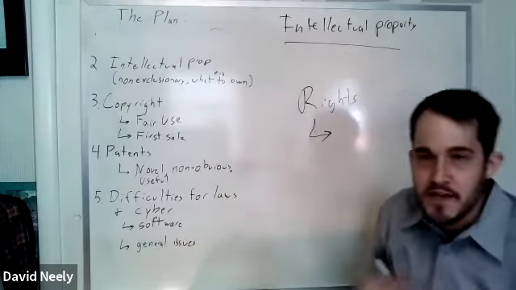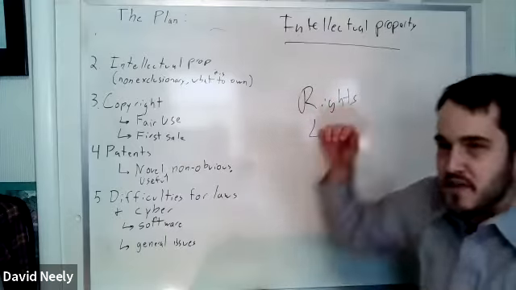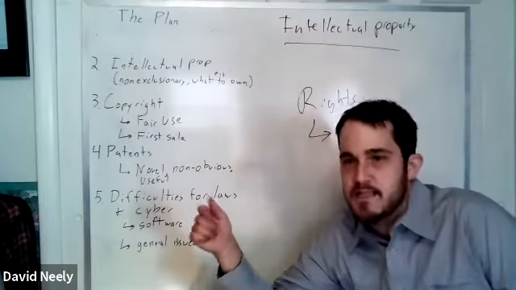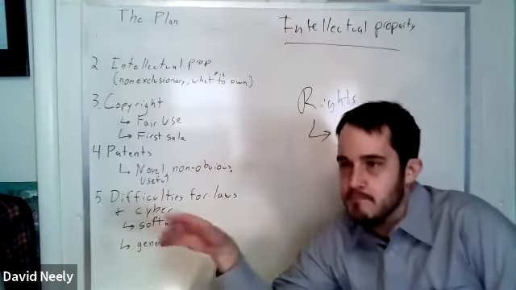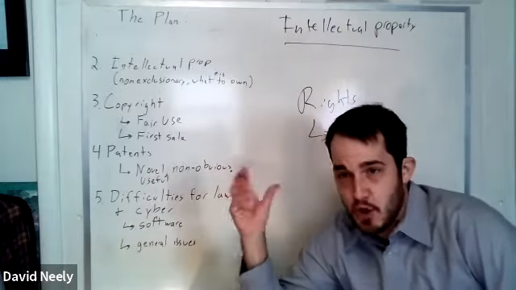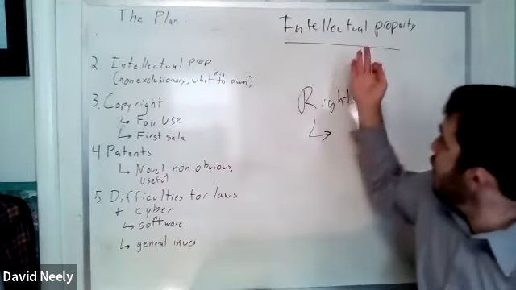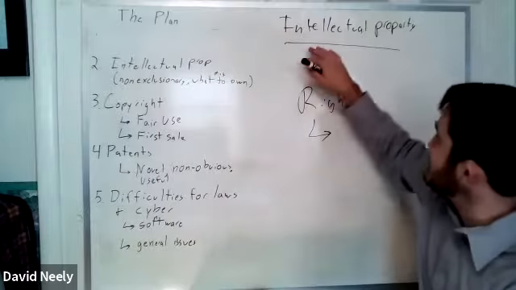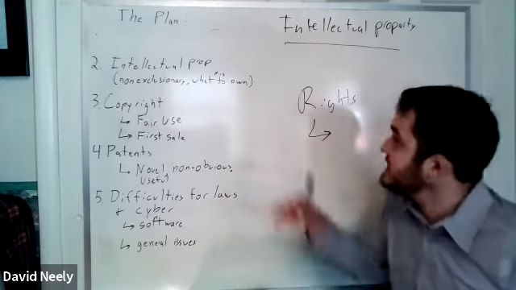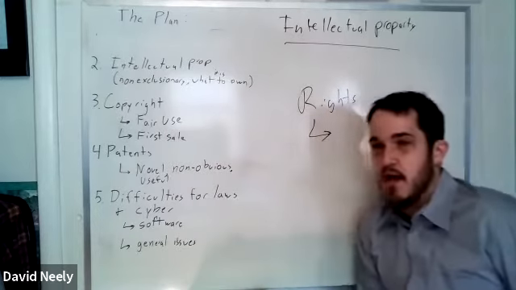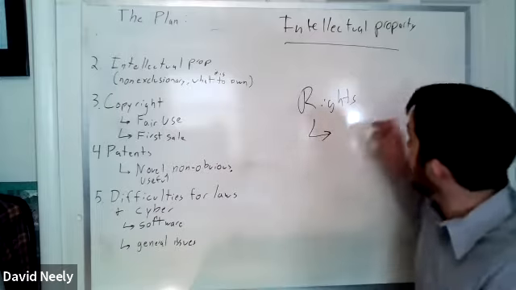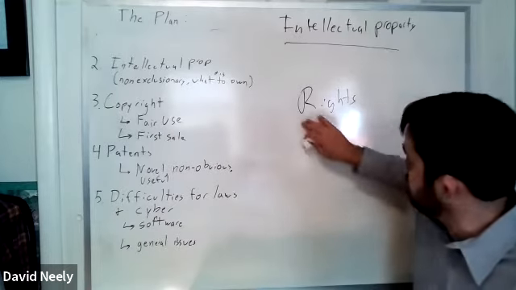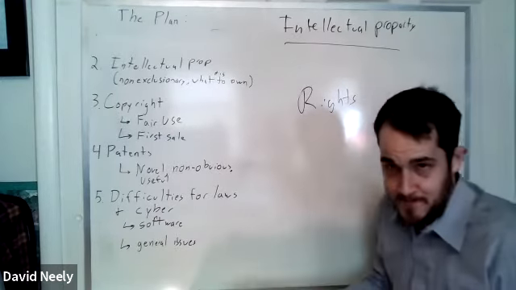So this is what we mean by intellectual property. These are things like songs, movies, poems, books. You can own a physical copy of a book, but the ownership of the book itself belongs to the person who owns the piece of intellectual property associated with it. It's the right to create and copy that thing.